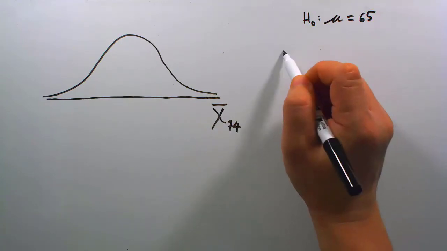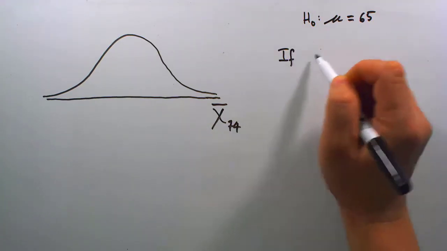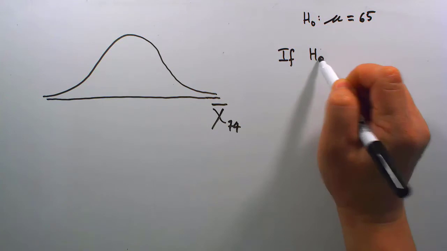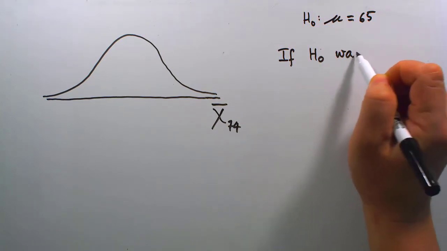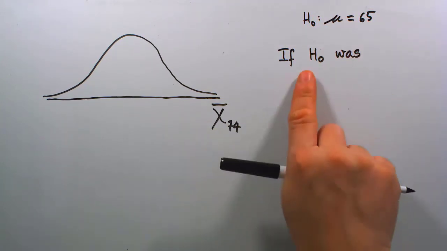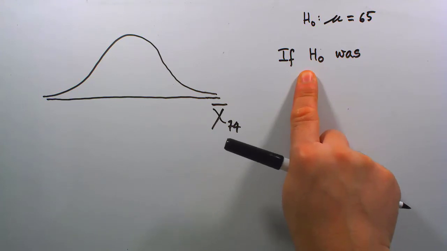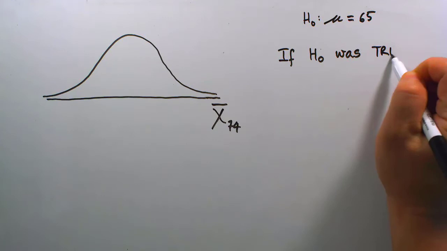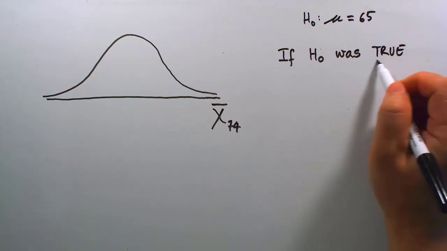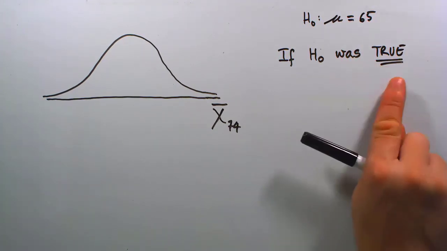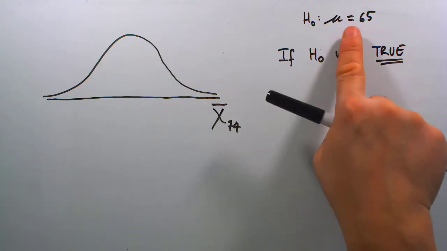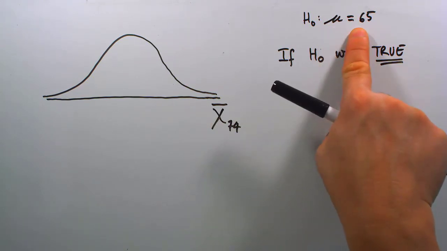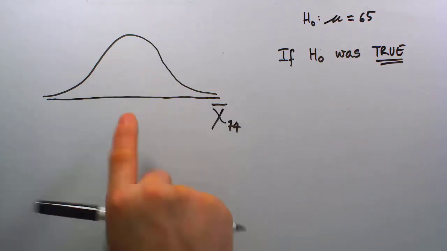If we accepted H sub 0 to be true, so recall that we had this line earlier in our reasoning, then consequently this mu value would be the center of our bell curve here.